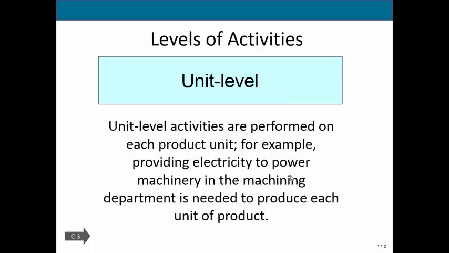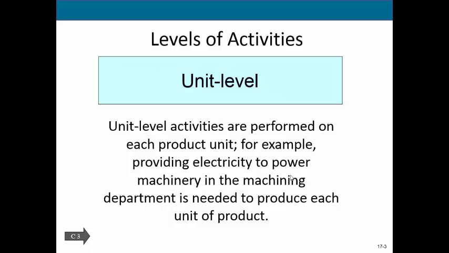So first we have a unit level activity. And a unit level activity is any activity that is performed on each and every item that we make. So an example that I like to think of would be if we're a company that makes shirts. The actual sewing of the buttons onto the shirt would be a unit level activity. Let's say we're making polo shirts and we're making work-related shirts.